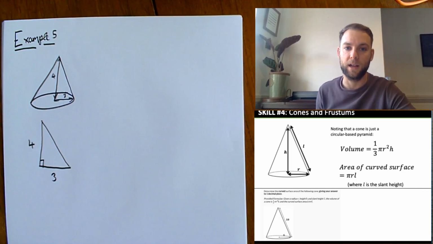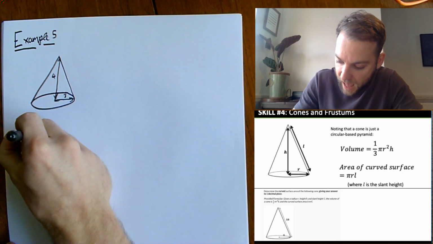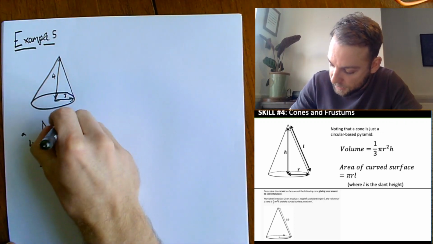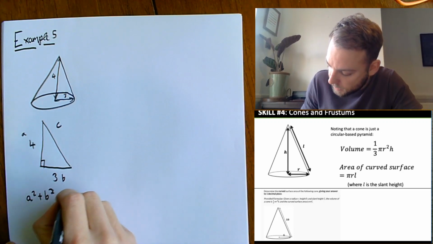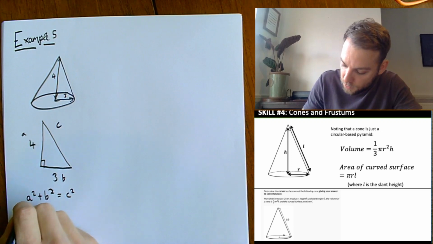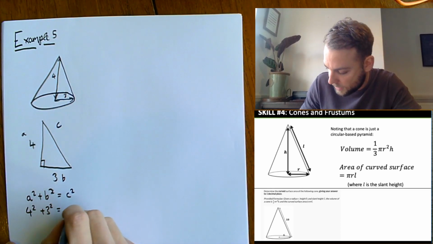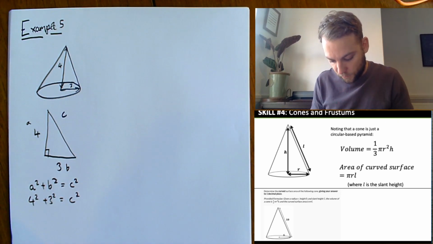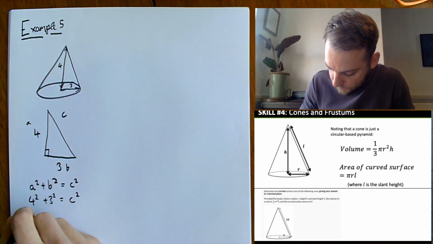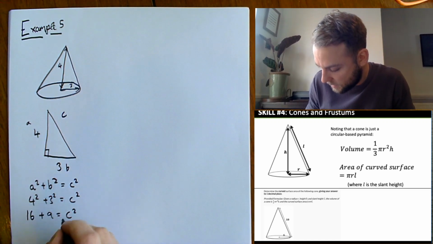So how do I work out this part here? Well, I work out this part here by using Pythagoras, because a squared plus b squared is equal to c squared. So 4 squared plus 3 squared is equal to c squared. So let's do that. 4 squared is 16, plus 3 squared, which is 9, is equal to c squared.